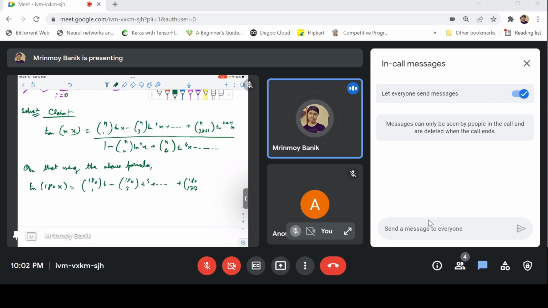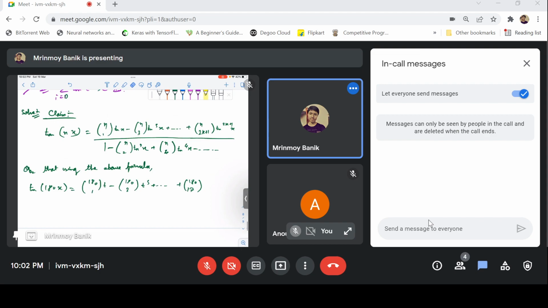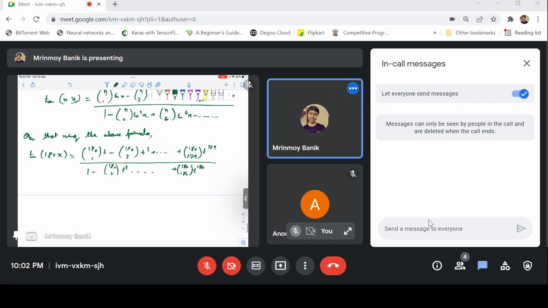The last odd term will be 179, divided by 1 minus and so on. Now we know tan of 180 times x is 0, right?